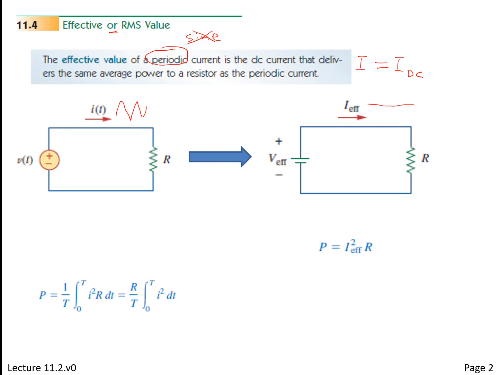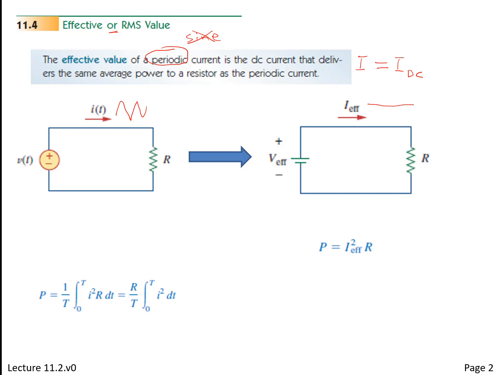On the DC side, we simply have the effective current squared times R. Okay, that's exactly what we're headed for. We want to find out what is this that creates the same power transfer as this.